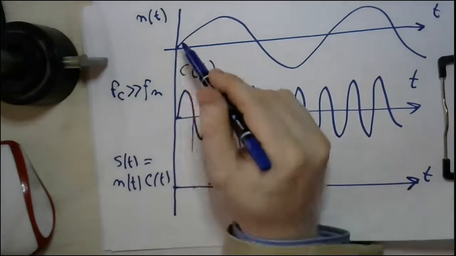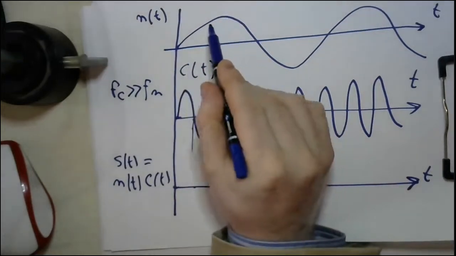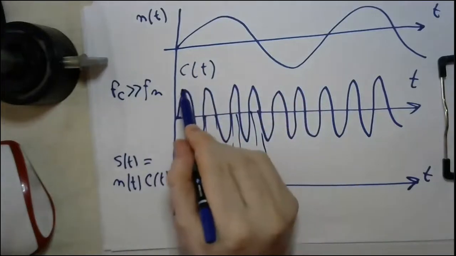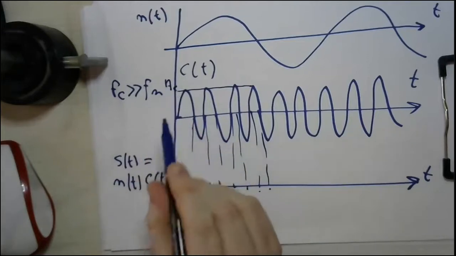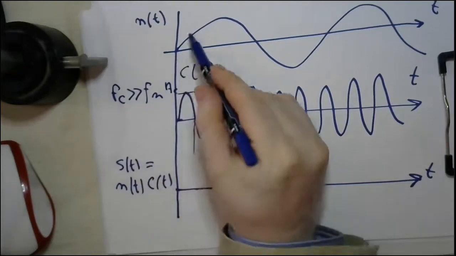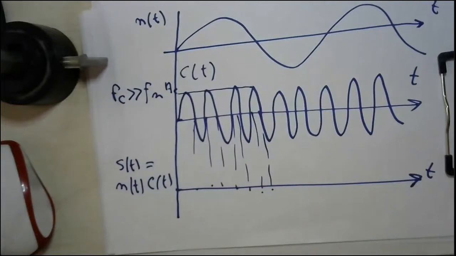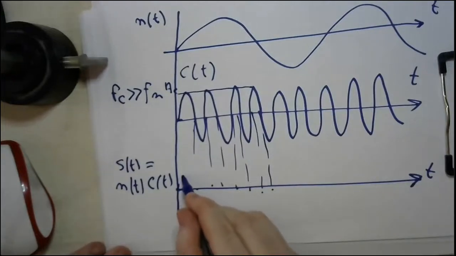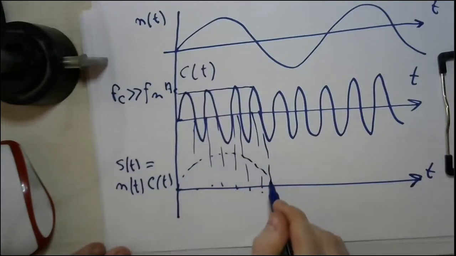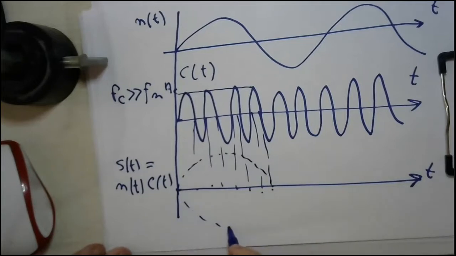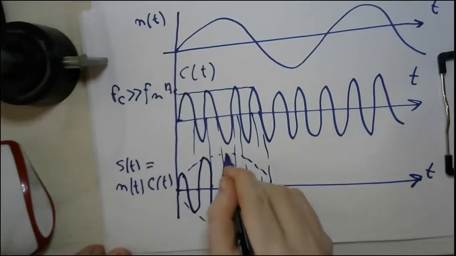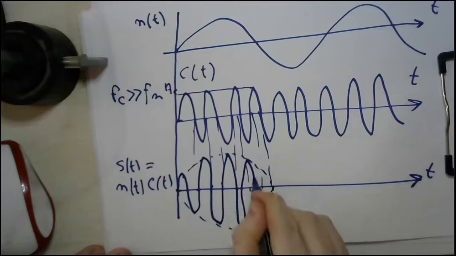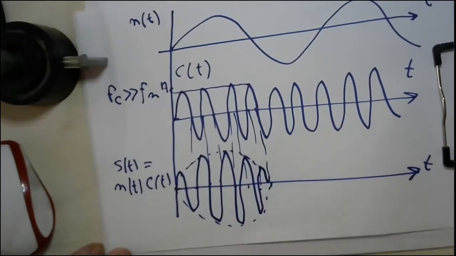But here we are multiplying with some shaped function. So, for example, here we have a constant amplitude, which is AC. This constant amplitude will be somehow shaped like that. So, for example, I will make here a dotted line this way. Okay, so I will start now to plot something like that.